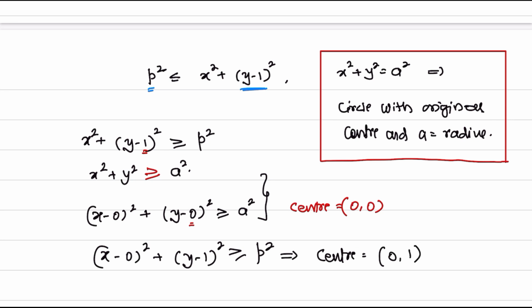The center of this particular circle is 0, 1. And what is the radius? Here radius is equal to a. Here radius is equal to p. Please try to understand this concept. It is very, very important.